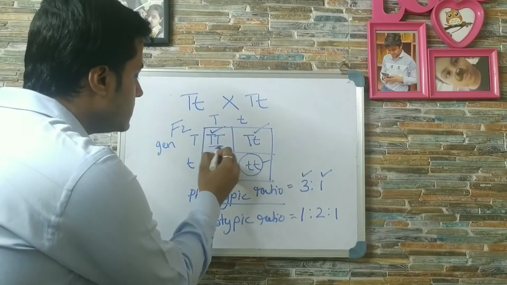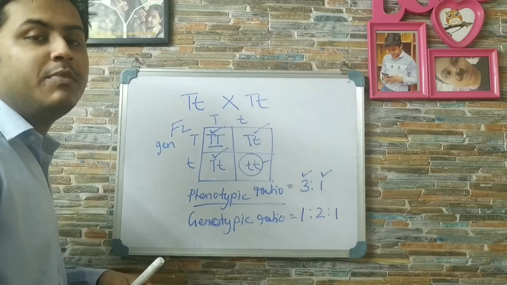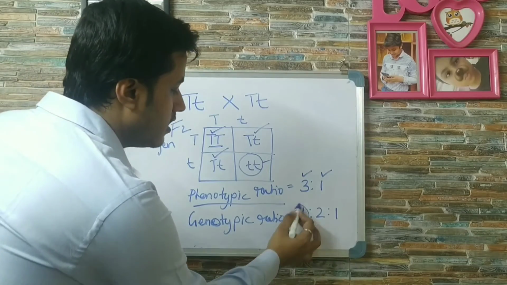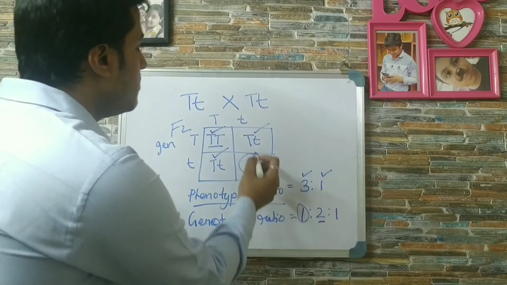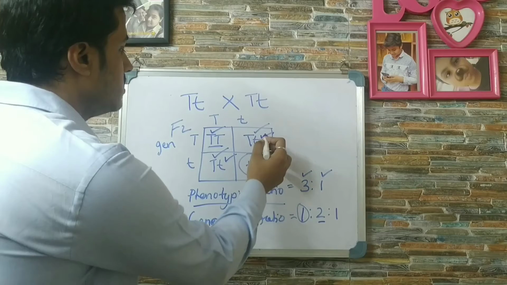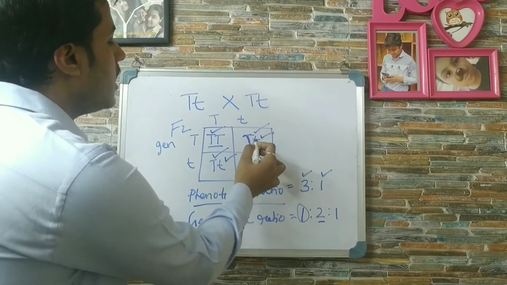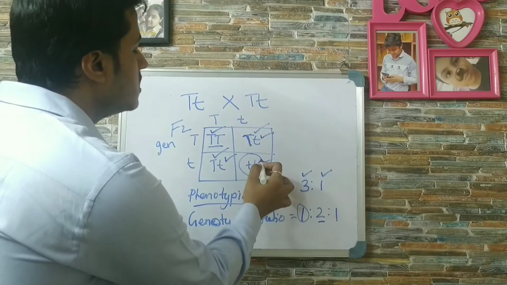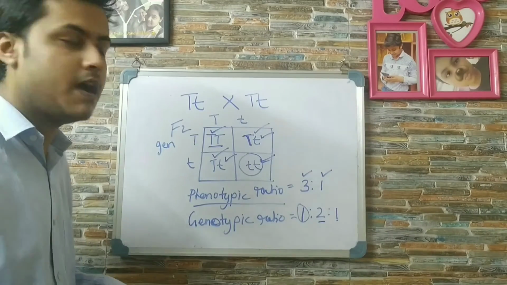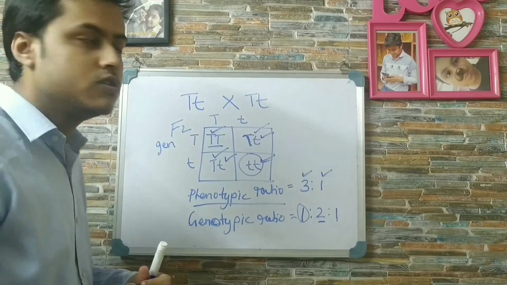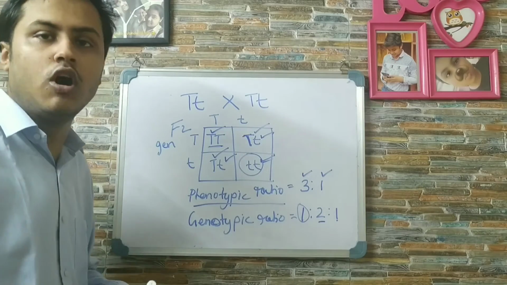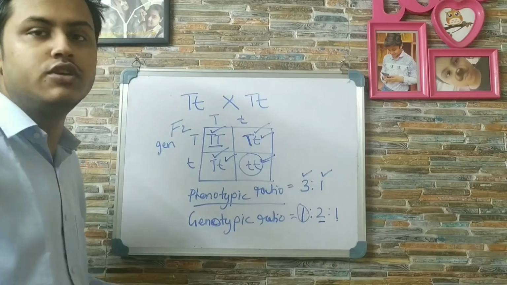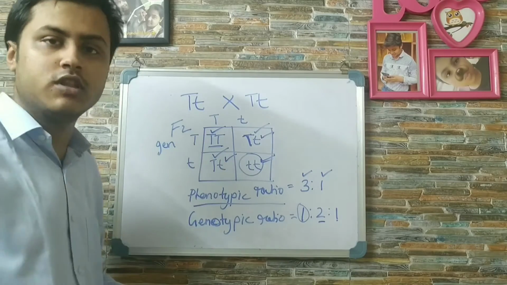So if you consider this one, this is capital T capital T, which is a homozygote, so we have written 1. The next 2 implies for these hybrid talls, which have 1 capital T and 1 small t, so 2, and then 1 for the homozygous recessive parent, that is dwarf. So these are the 4 possible offspring for a monohybrid cross, and this is consecutively the Punnett square for that.